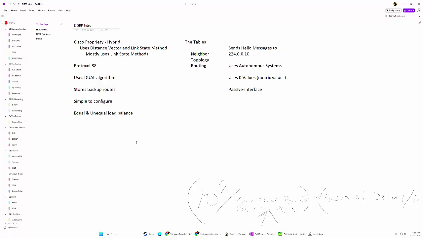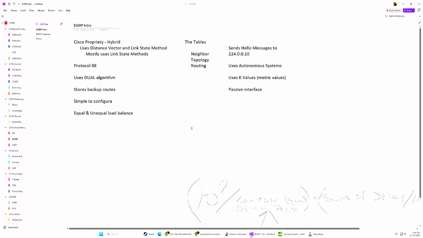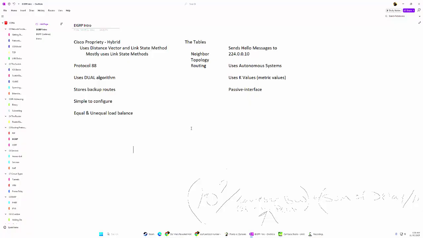As long as it's within that variance of 5, you can actually be load balancing across a gig link or a 10 megabits per second or 100 megabits per second link, depending on how you configure it. EIGRP has your neighbor tables, your topology tables, and of course your routing table.